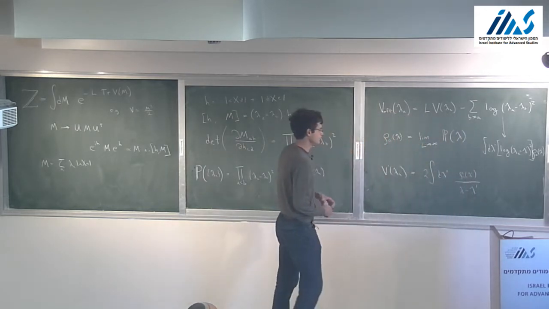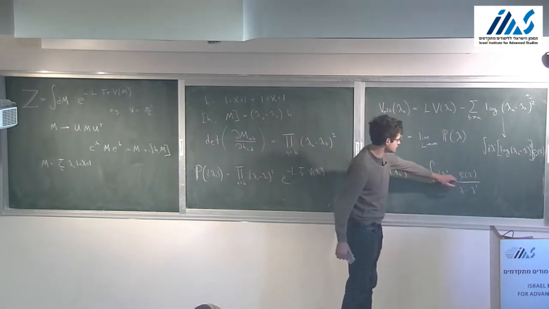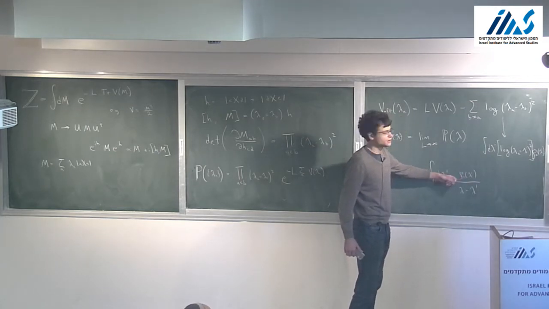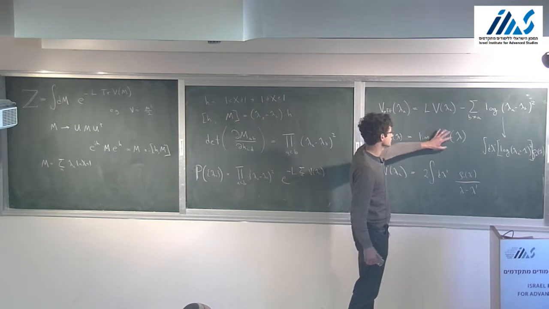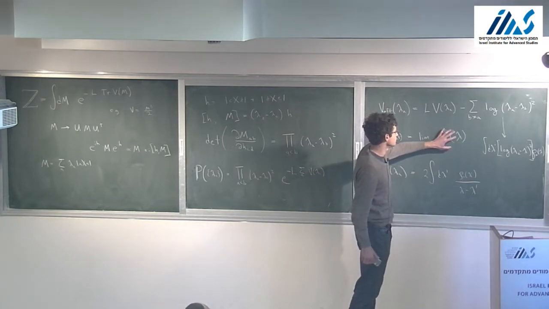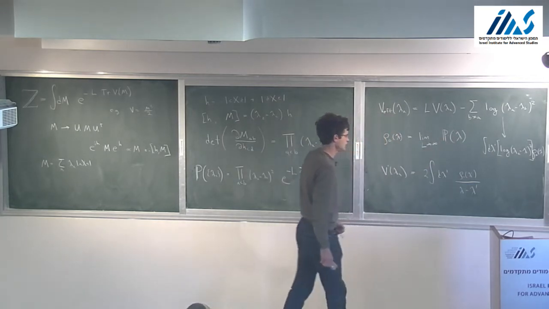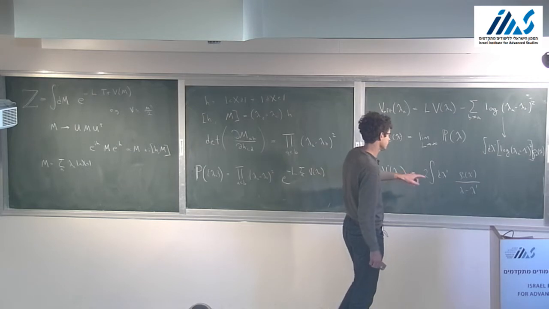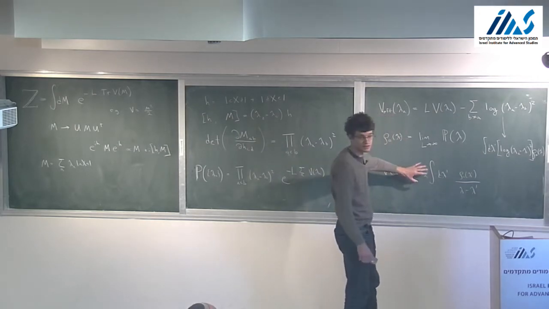So this equation actually determines this equilibrium density of eigenvalues rho naught, which is the large L probability distribution for a single eigenvalue. This equation is a little bit awkward, but by manipulating it, you can get an explicit equation for rho naught in terms of the potential. This is an implicit equation.